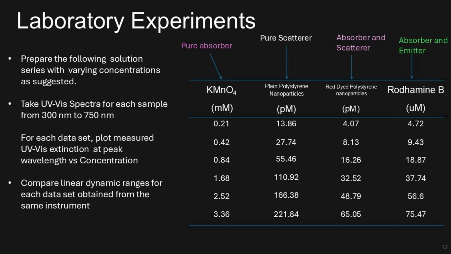You will then observe that while the potassium permanganate data follows a nearly perfect linear trend, the other samples start deviating from linearity at different concentrations, depending on whether scattering, fluorescence, or both are present.